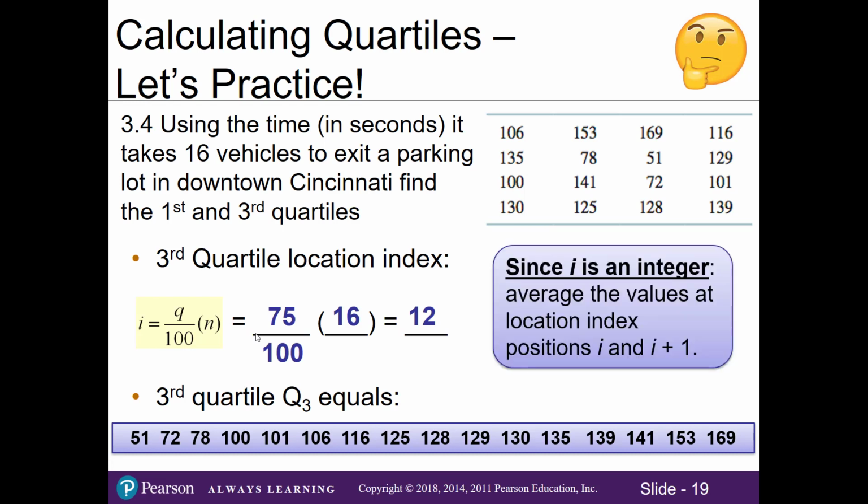Again, because it's an integer, I'm going to find whatever number is in the 12th position and average it with the next number up. So I look at my data array down below. The 12th number and the next number up is 135 and 139. So I'll take the average of those two numbers, and that gives me a third quartile value of 137.